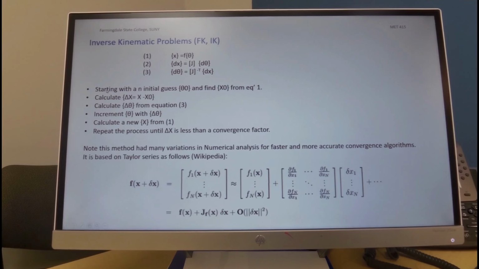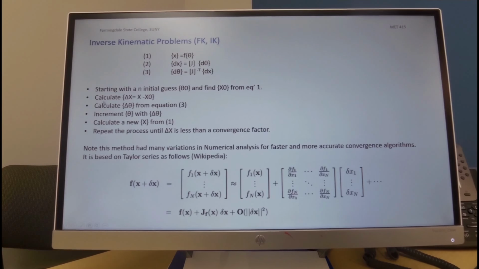Then the iterative process starts by making an initial guess of theta for a known x. Then we find the initial x0 from this expression, substituting the initial guess here, from equation 1.